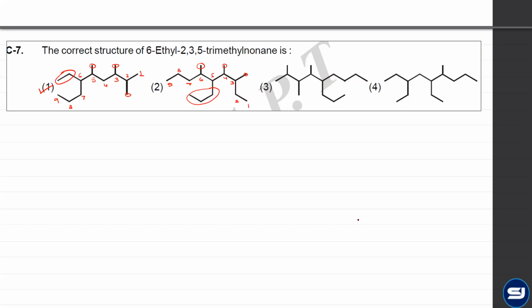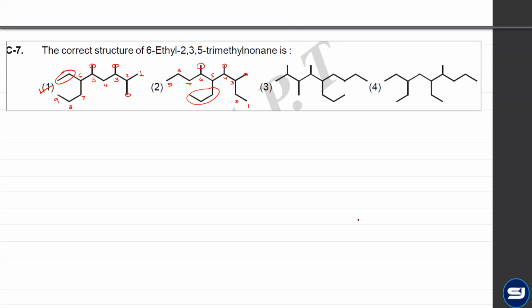Now, if there are two possible longest chains of the same number of carbon, let's say 9 carbon, then which chain will you select?